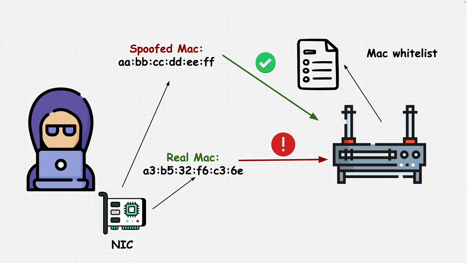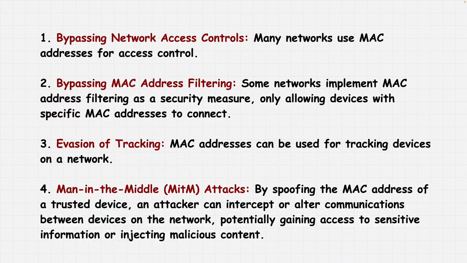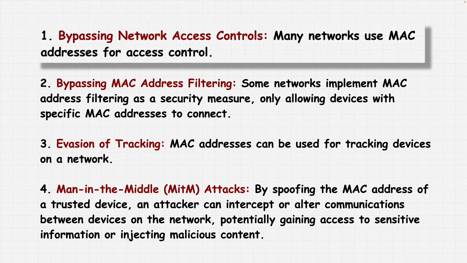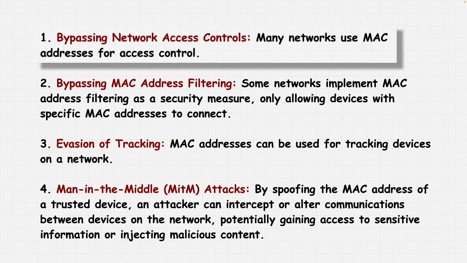But why is MAC address spoofing so useful? Well, MAC address spoofing can be used by attackers in several scenarios. It can be used for bypassing network access controls, as many networks use MAC addresses for access control. By spoofing the MAC address of a permitted device, an attacker can gain unauthorized access to the network.